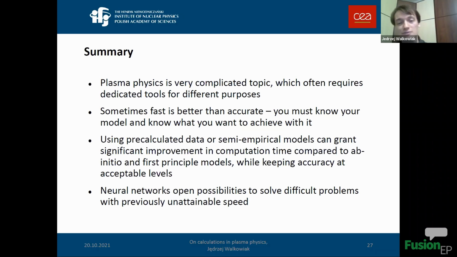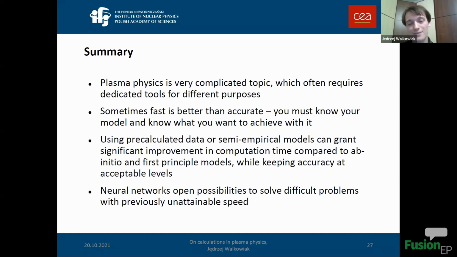And in these cases, the use of semi-empirical or pre-calculated data can be very, very useful, and it's often more useful in computation than focusing on some ab initio or first principle model, which are more flexible, but this flexibility is often not worth it.